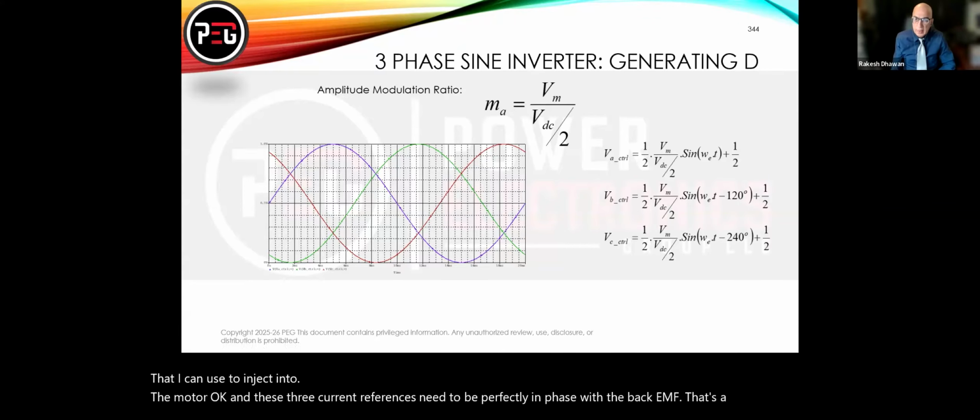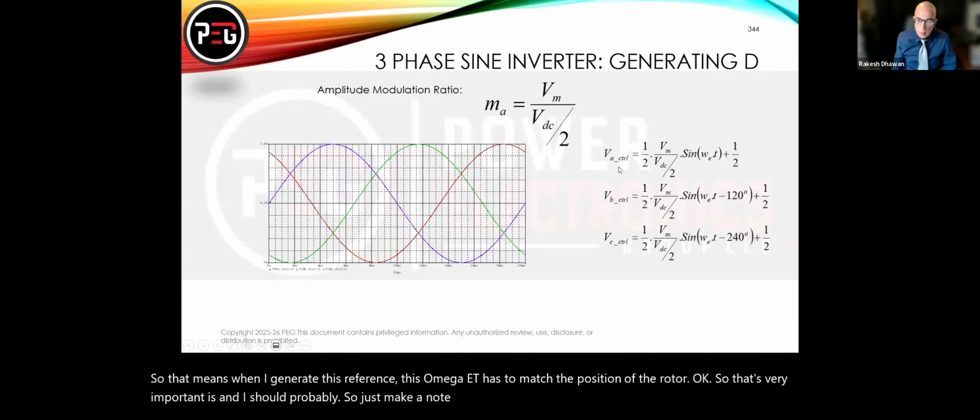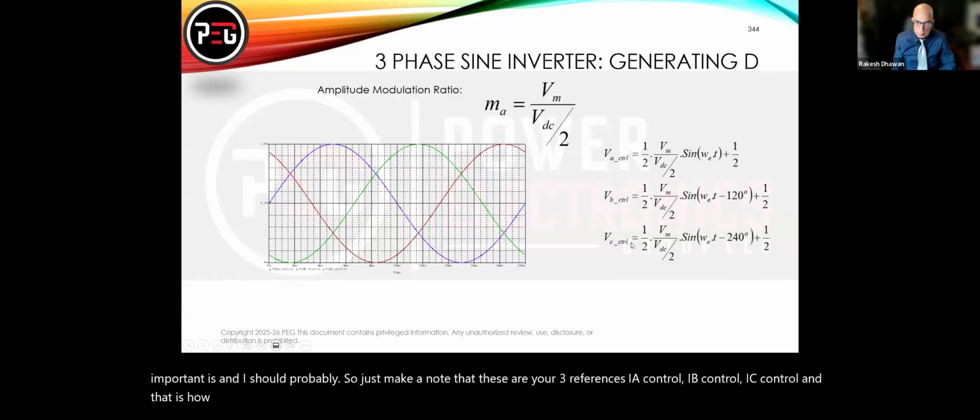That's the goal. So that means when I generate this reference, this omega ET has to match the position of the rotor. Okay, so that's very important. And just make a note that these are your 3 references: IA control, IB control, IC control, and that is how you control the torque of the motor.